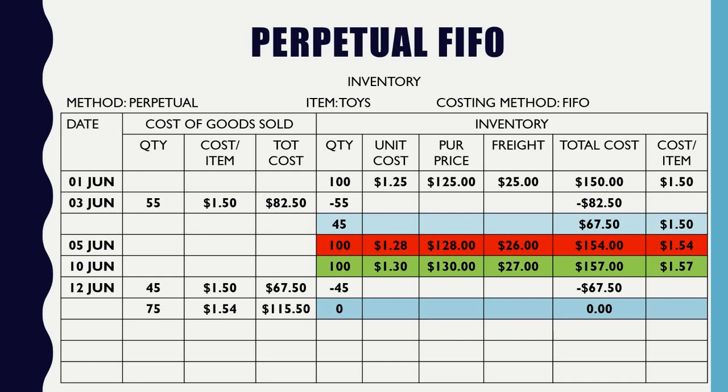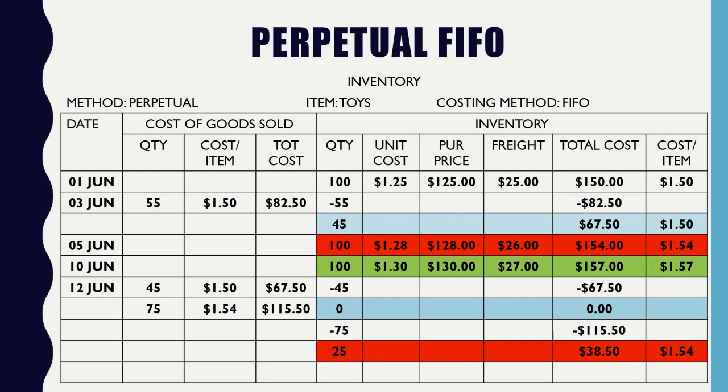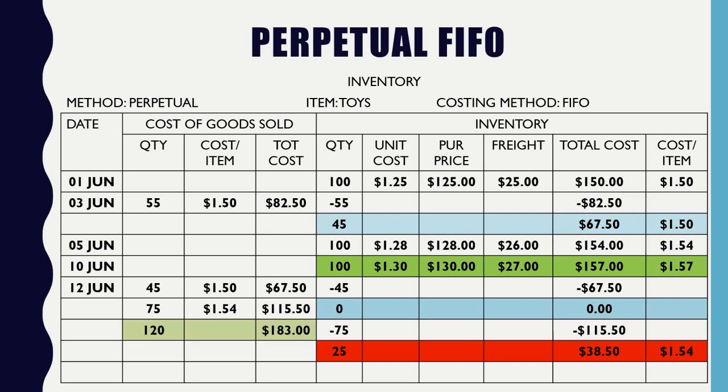So in this case, once I've calculated all that, I'm going to subtract another 75, right, to bring my red batch to equal 25 left remaining at $38.50, right? So then I'm going to go ahead and tally up my total. So here I sold a total of 120 at a total of $183.